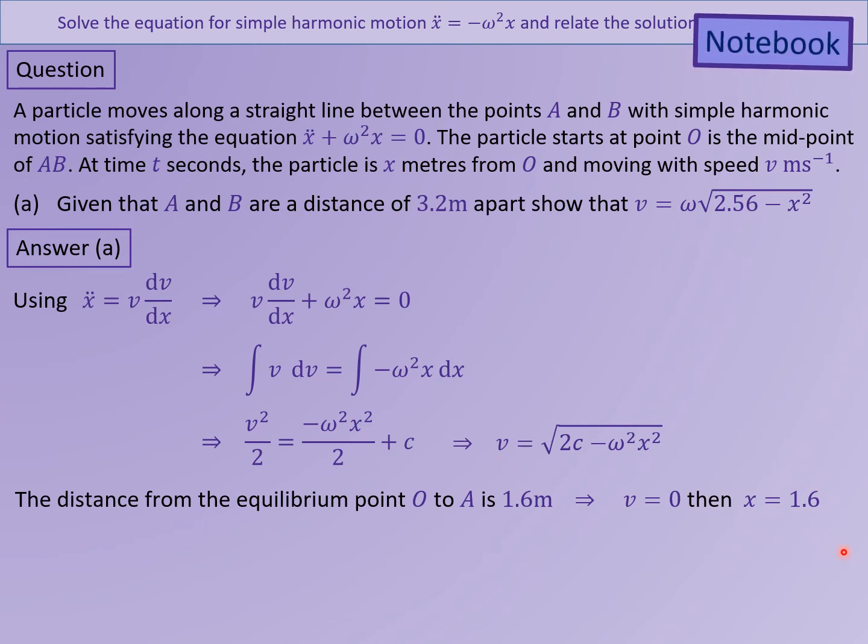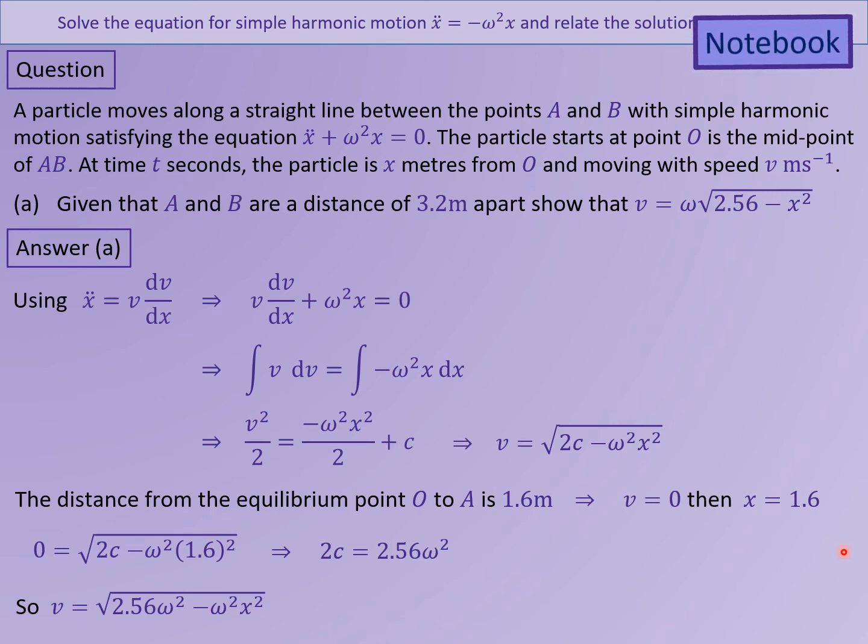Okay, so if I've got that, I can substitute those values in. So I've got naught equals. So hopefully I can figure out what the 2c is equal to. Well, I could square both sides, couldn't I? I could rearrange and get that 2c equals 2.56 omega squared. Why does that help me? Because now I can substitute that back in and get that.